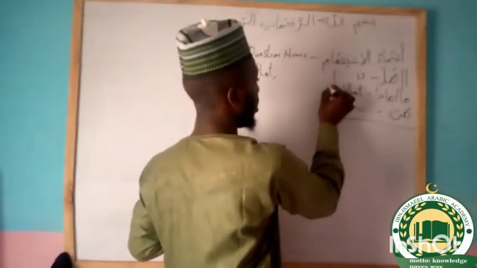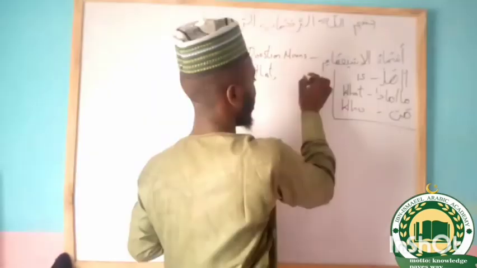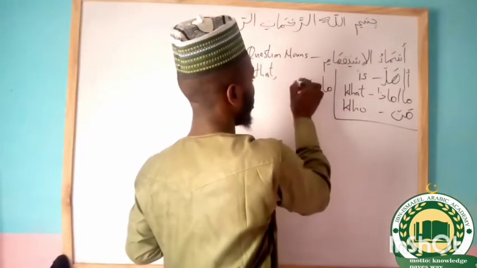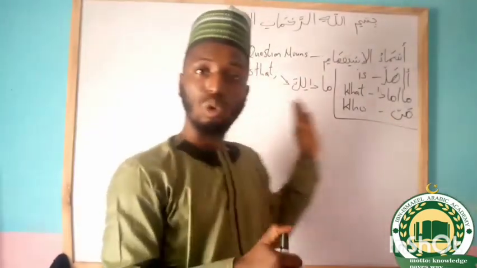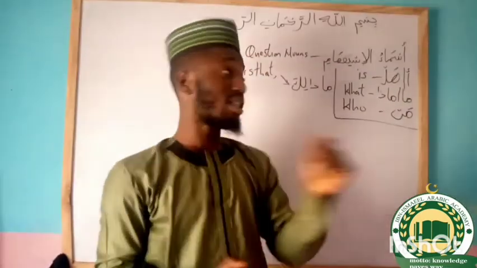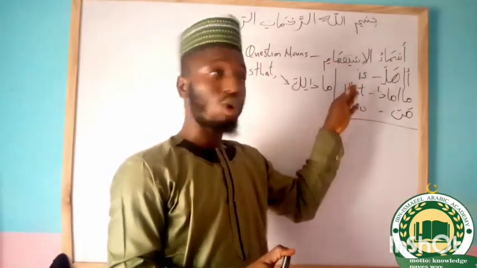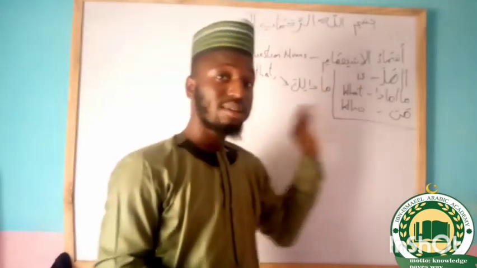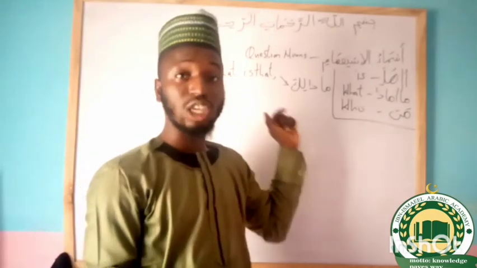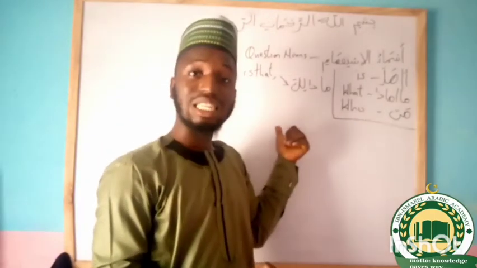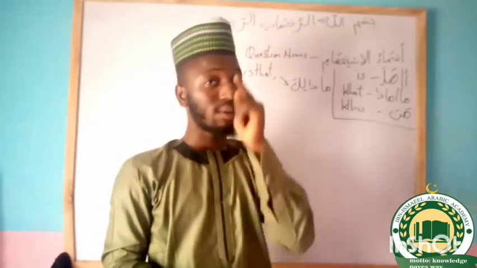We'll write: ma dhalika. What is that? Let's not forget: "ma" is a noun under the question nouns, and "dhalika" is a noun under the demonstrative pronouns. We are still dealing with masculine now, not feminine.